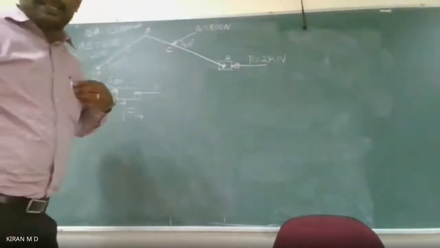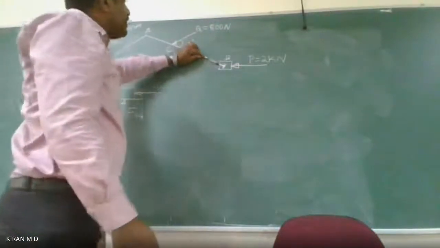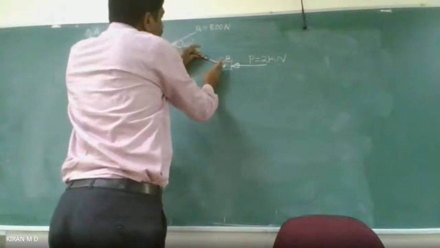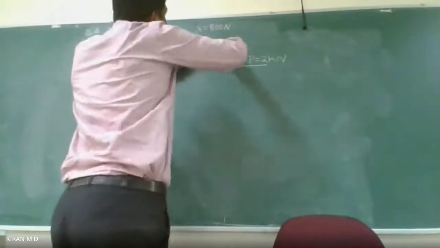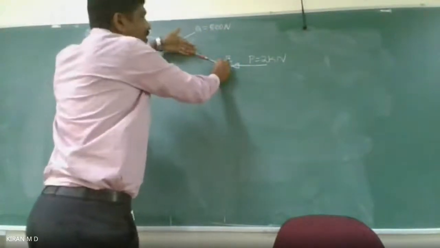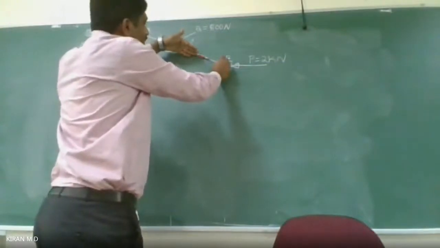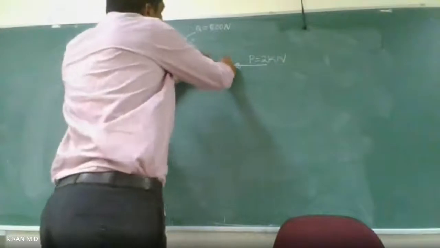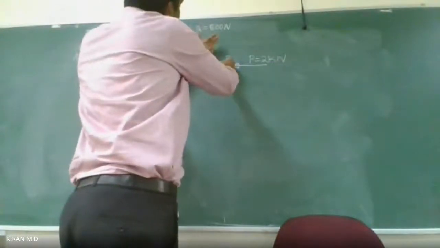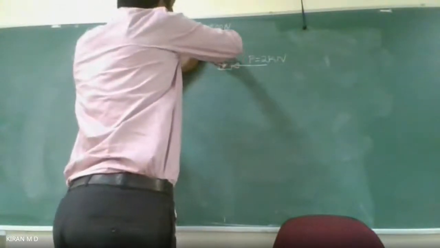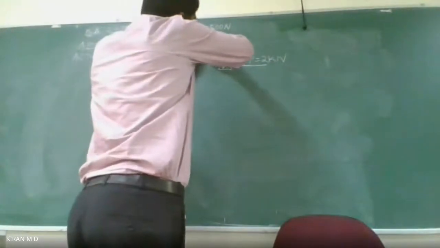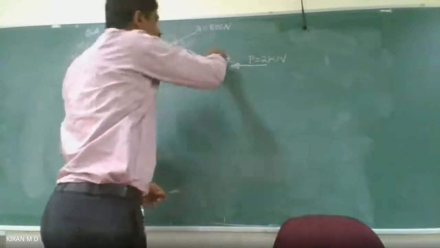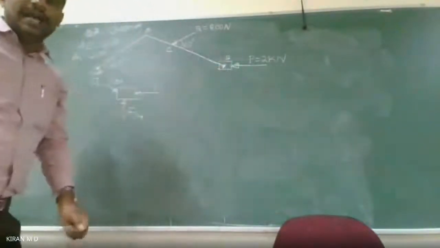So what does it cause? For example, assume this is the connecting rod. If there are no forces on the connecting rod, only this axial force, it will create the force in this direction. But at the same time there will be some force here and some force here. This will cause force in this direction also, so some traction force will act.